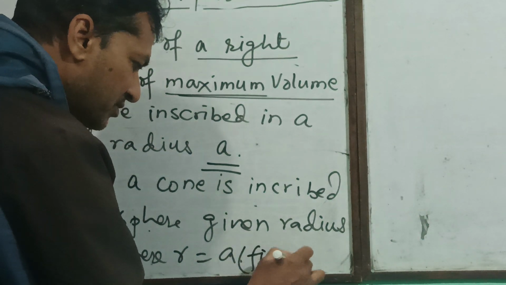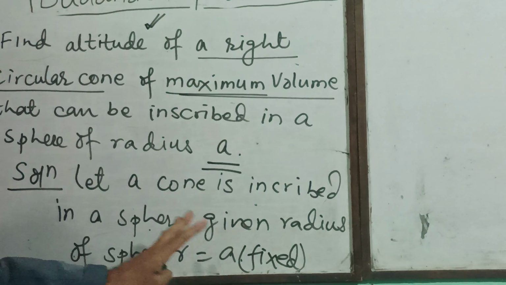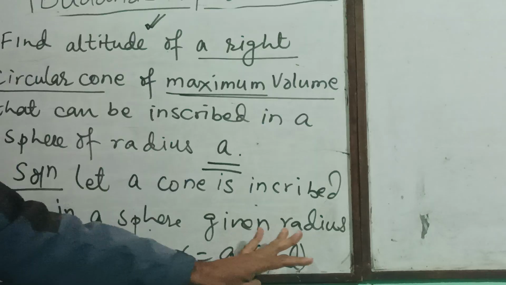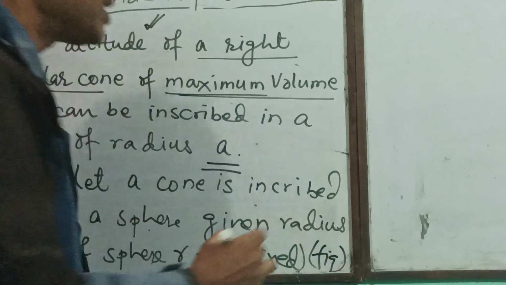Fixed means the radius of the sphere is A. This is in the figure, inscribed in a sphere. We have drawn the figure.